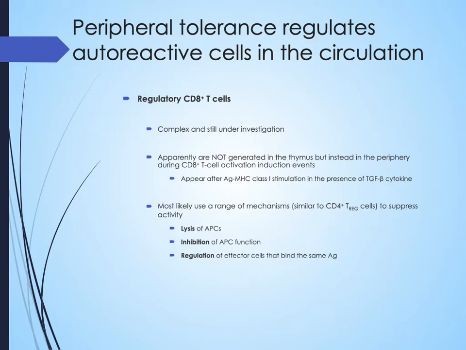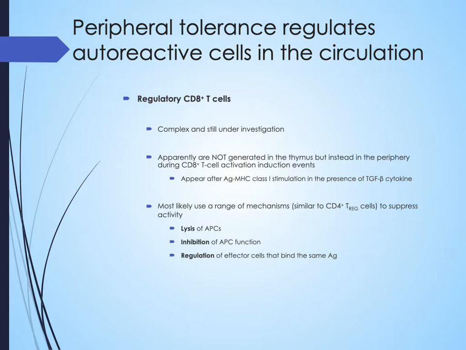There are also CD8 regulatory T cells. I think we could argue that they're not as well studied. Identification of CD4 regulatory T cells happened first. Then scientists identified a population of CD8 T cells that are regulatory, that again can suppress an immune response. Exactly understanding their role is still under investigation, and that would be an area that you could look at, like hot research coming out, and see what's new in that area.